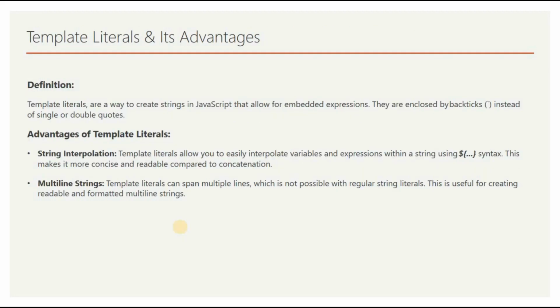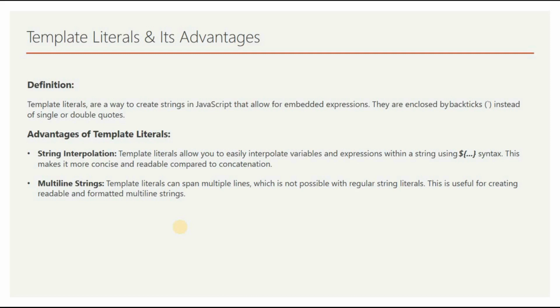Now we will discuss template literals and their advantages. It is one of the ES6 concepts. Template literals are a way to create strings in JavaScript that allows for embedded expressions. They are enclosed by backticks instead of the single or double quotes which we use to define a string.